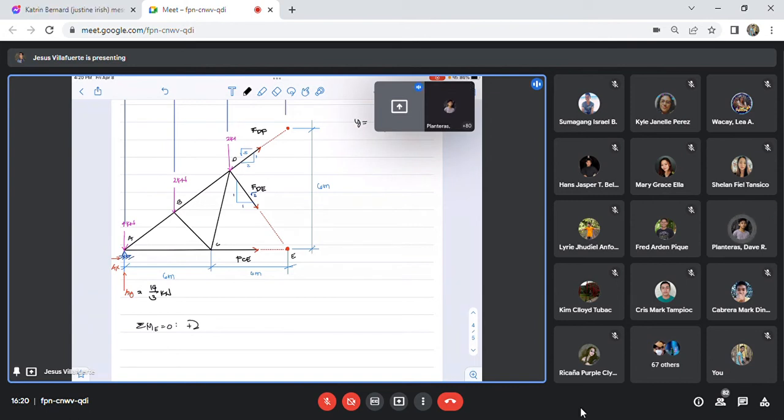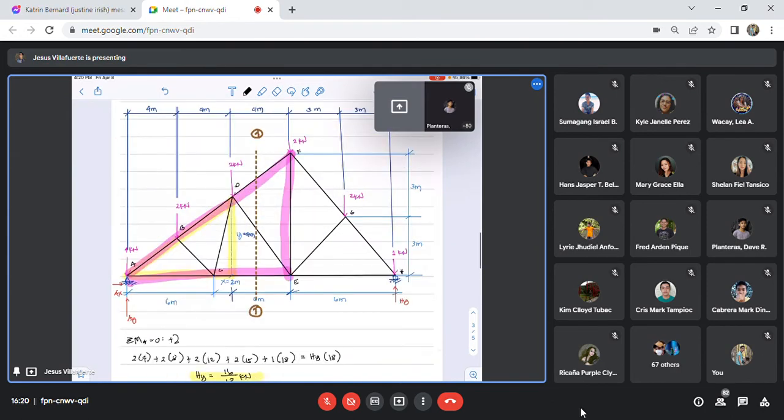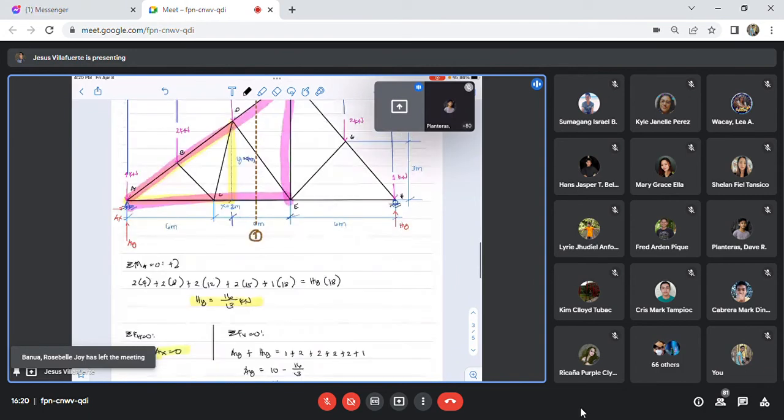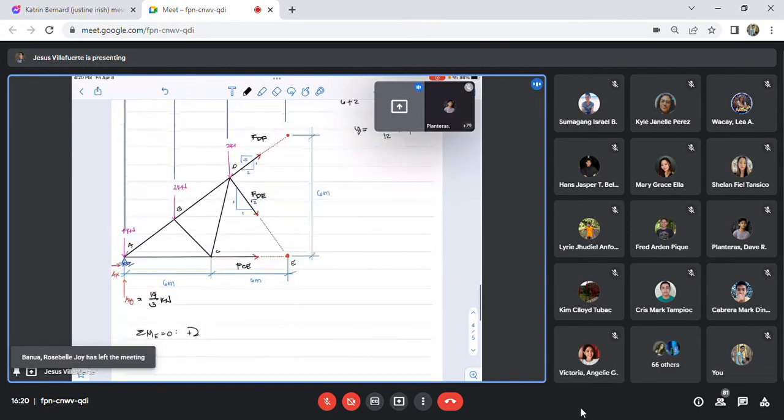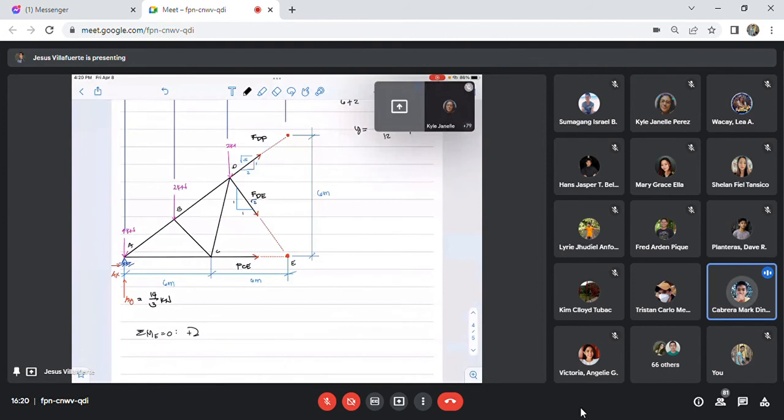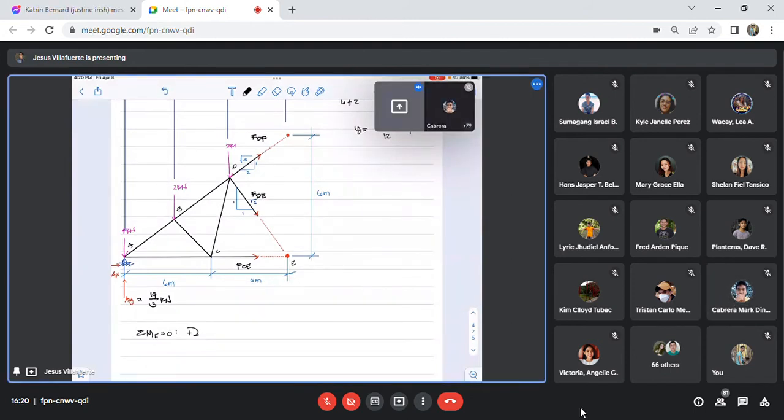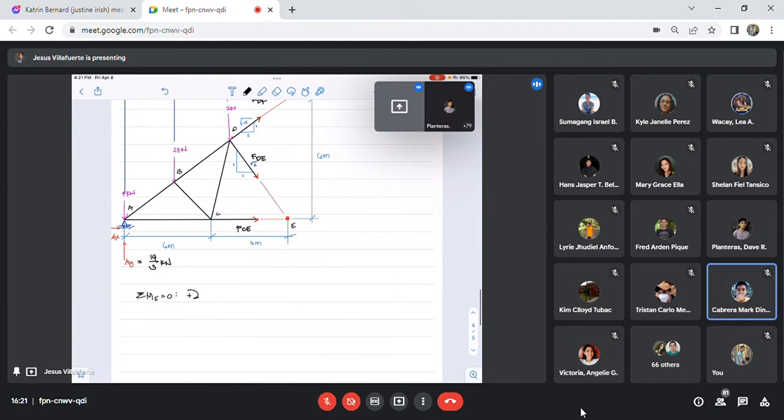Where does the 4 come from? Where is the moment arm if we take it at FDF? If we take summation of moments, let's say FDF, square root of 2. The clockwise forces are, yes, FDF. What else? Let's start with AY, because that is clockwise.